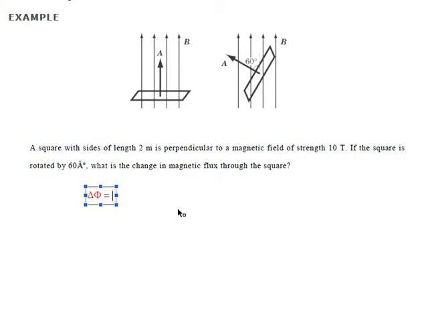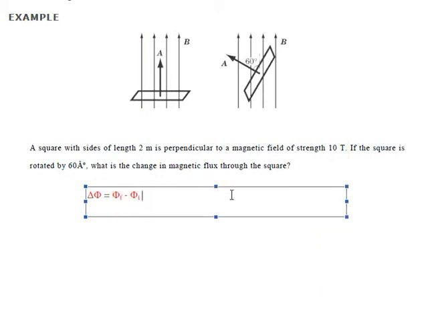So anytime you see delta, just remember that that means final minus initial. So we have to figure out what is the flux at the beginning and what is the flux at the end to be able to go any further with this problem and figure out what it wants.